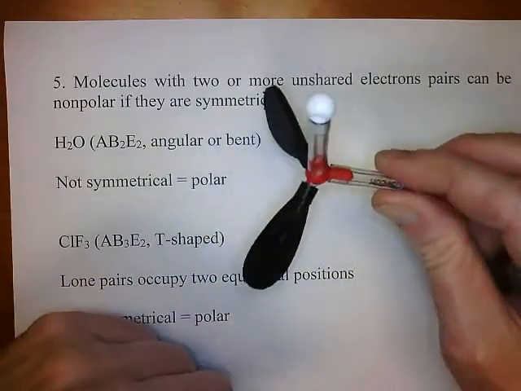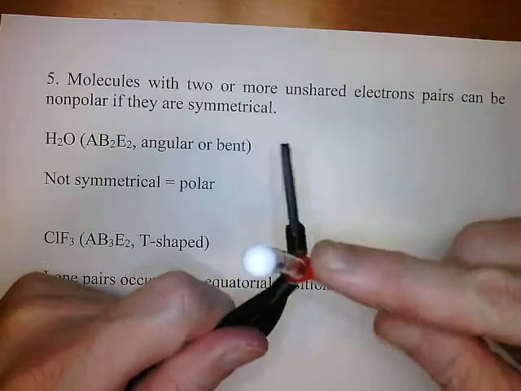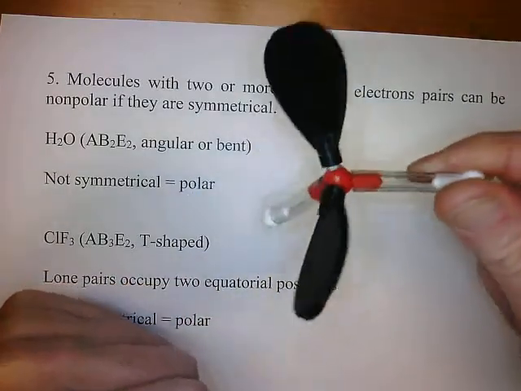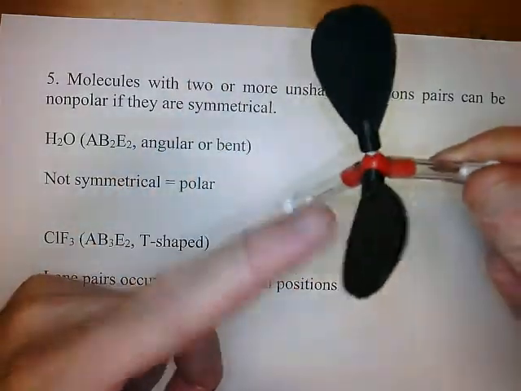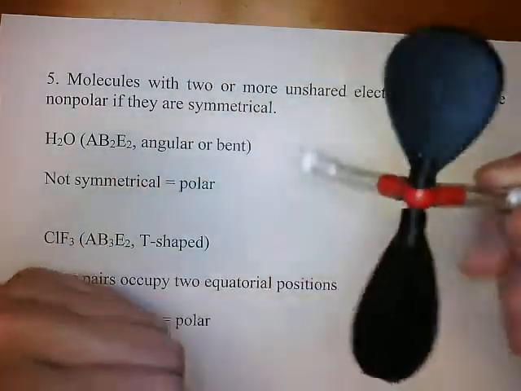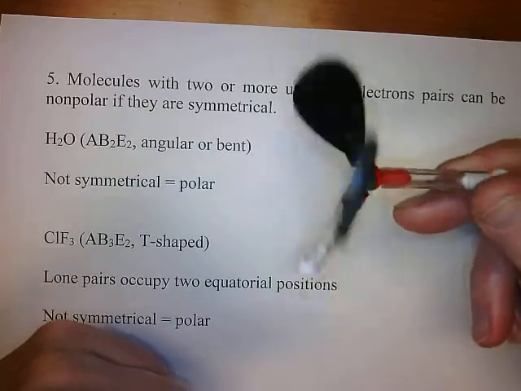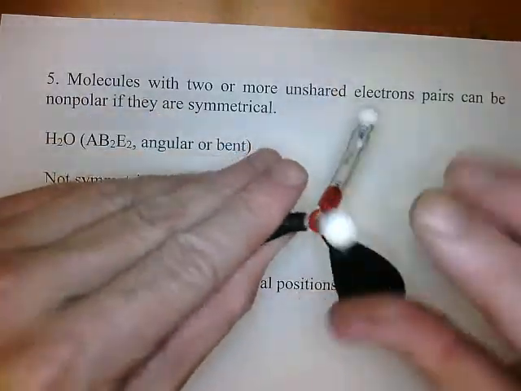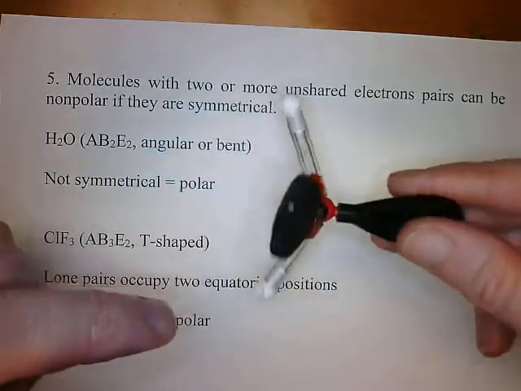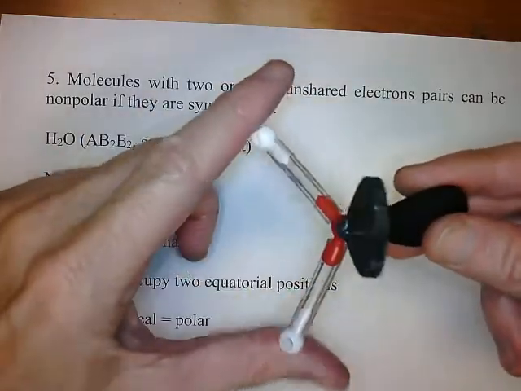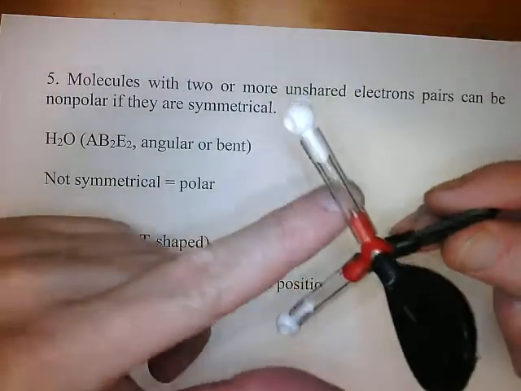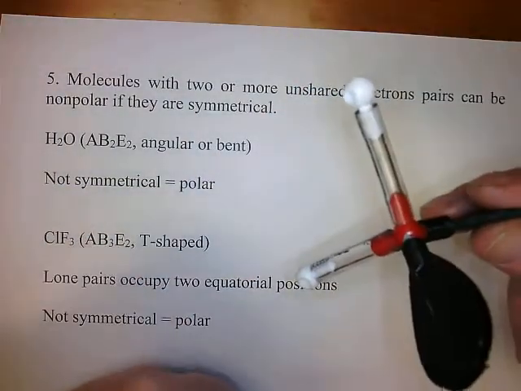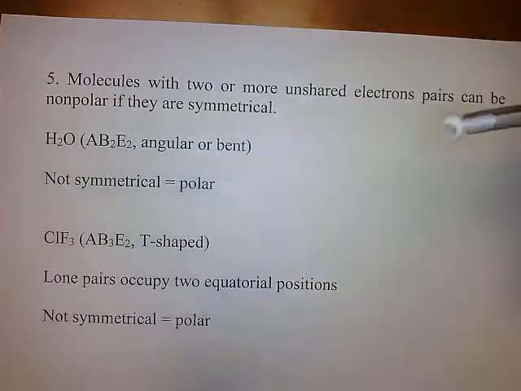If we try to spin this around one of the bonds, the OH bond, it's again like a fan blade. All these aren't the same. That's going to wobble as we try to spin it. And you may say, well, we could try to do it here, spin it around the lone electron pair. It's the same thing. You're never going to be able to get all three of the like objects the same. Okay, so it's polar.